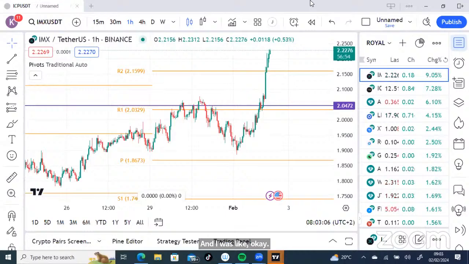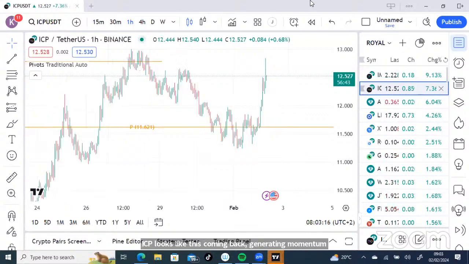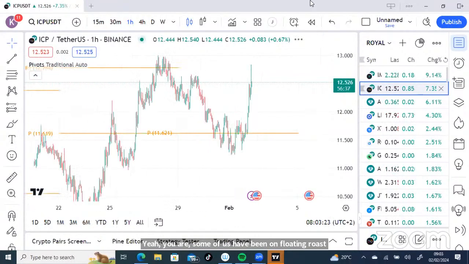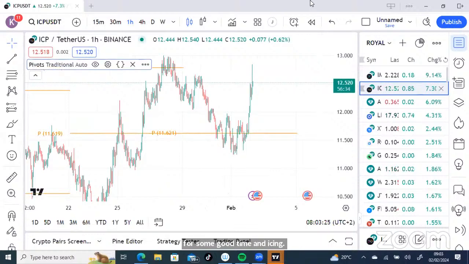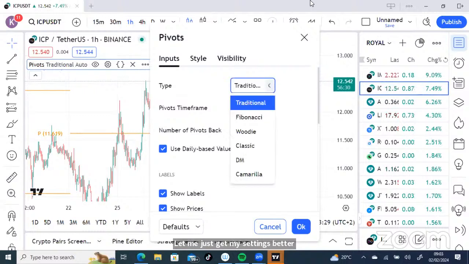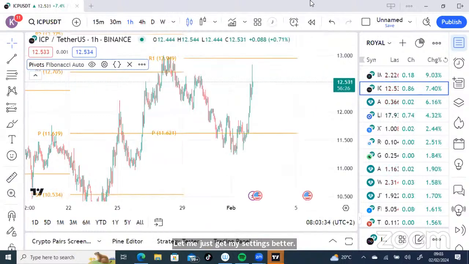Okay, so ICP looks like it's coming back, generating momentum. Yeah, some of us have been on floating loss for some good time on ICP. Let me just get my settings better. Press OK.